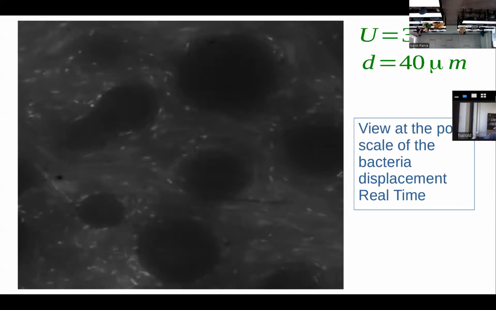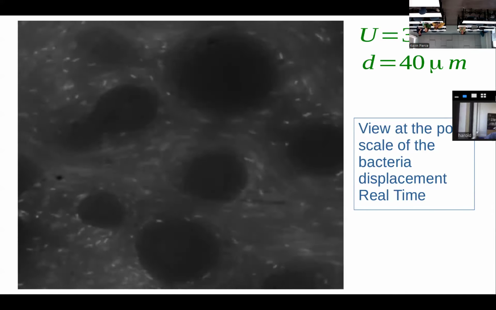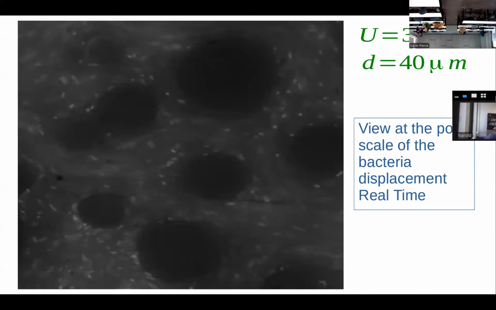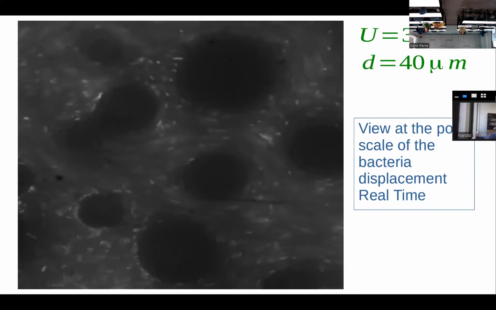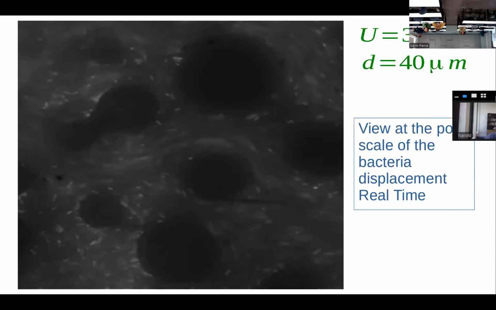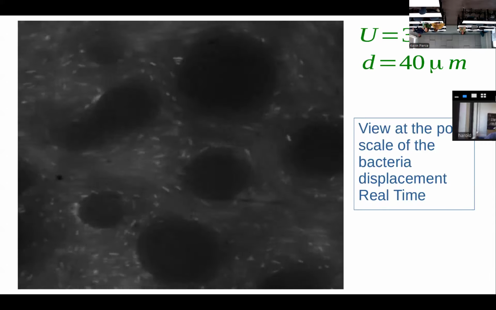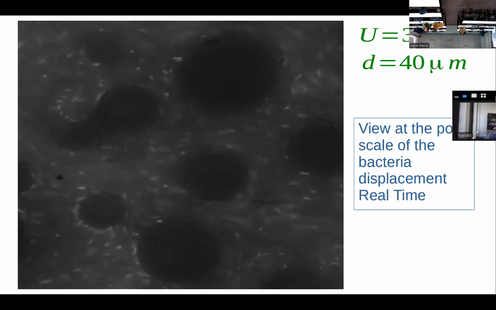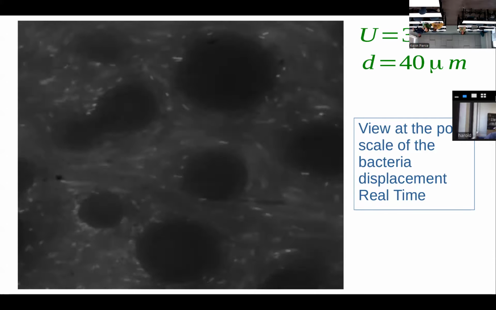You clearly see channels of high velocity, where it's difficult to see individual bacteria. Then you see that the bacteria are able to leave the flow, go inside some pores where the flow is low, move on the surface of the grains, move along the grains, and eventually go back to the flow.